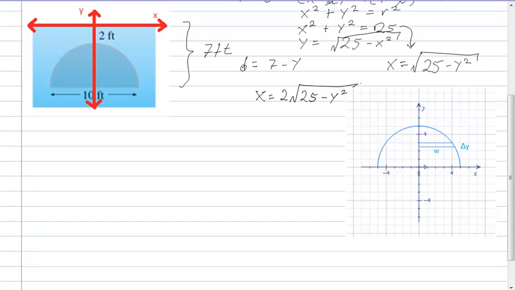By dividing the plate into many small segments, we are able to approximate the area of each section by multiplying the height, y2 minus y1, or delta y, by the width, giving us 2 times the square root of 25 minus y squared times delta y.